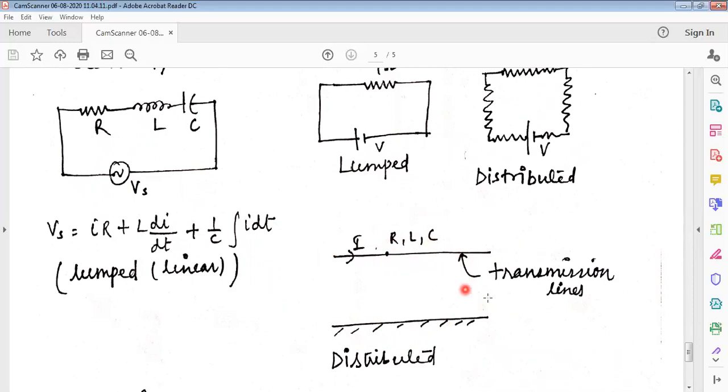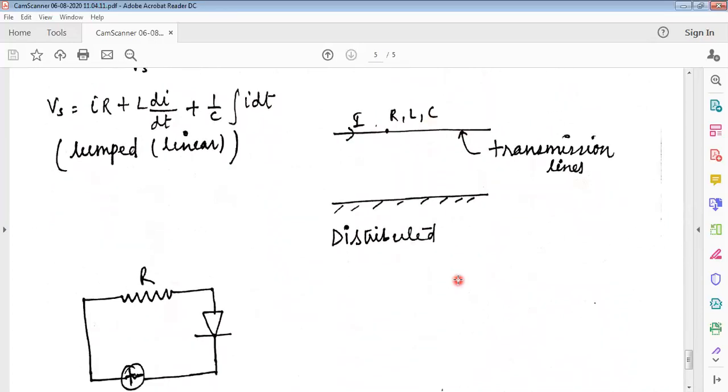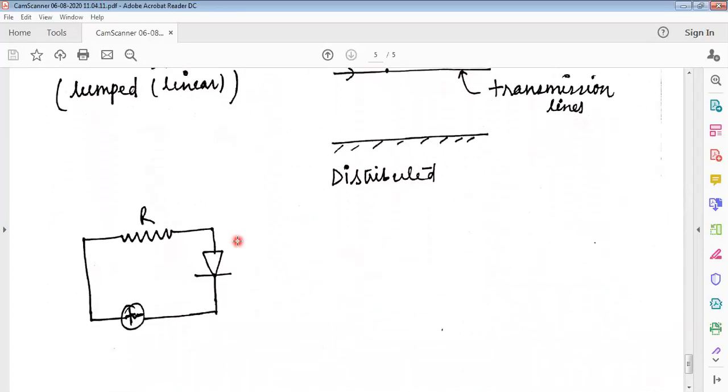But here you can apply Ohm's law. Ohm's law can be applied here, but KVL and KCL fail for distributed parameters. Now take another example. In this example one diode is connected with a resistor and the external supply is here. Clear?